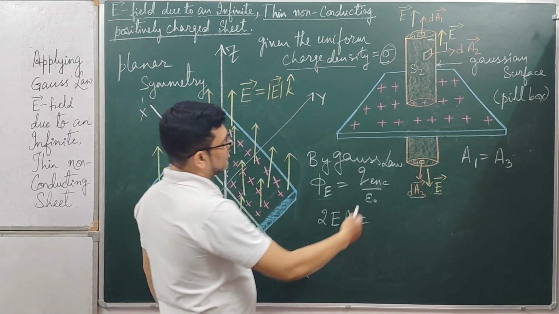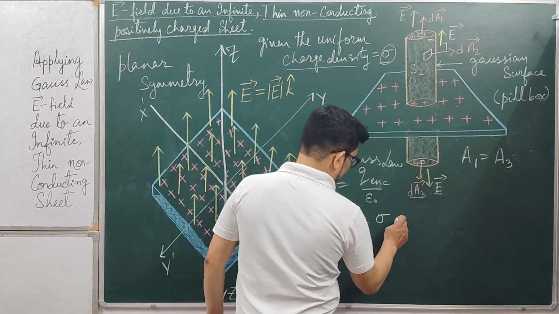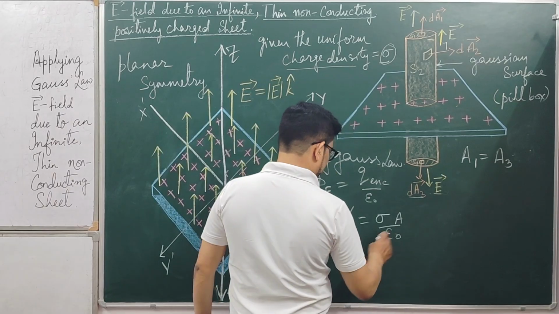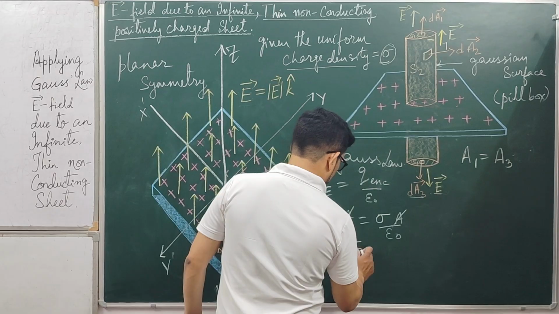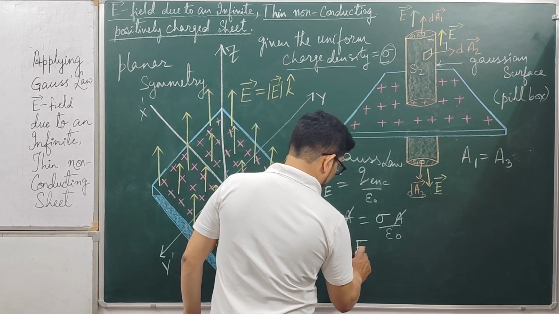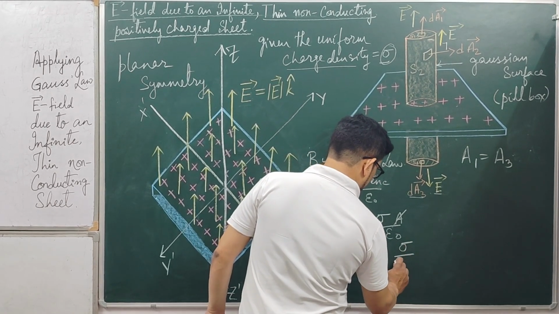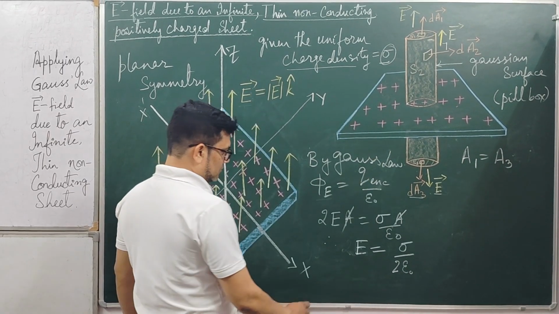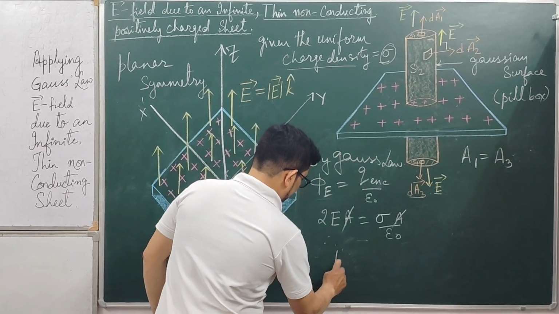So if you take the area as A, the enclosed charge is going to be sigma times A, divided by epsilon naught. A gets cancelled out. So we get twice of E, and the magnitude of the electric field comes out to be sigma divided by twice epsilon naught in the denominator. This is what we get as the electric field.